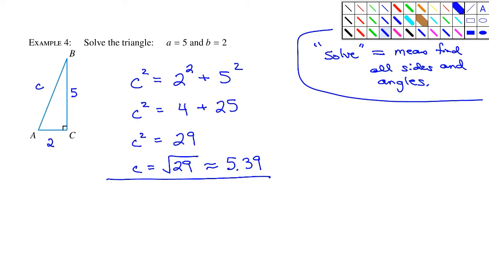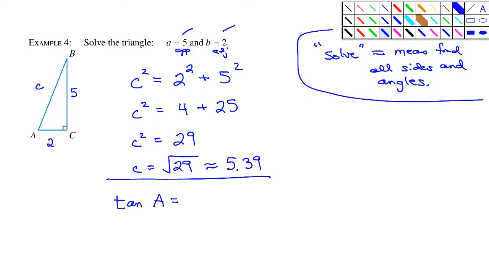Next, let's go ahead and find angle A. It's better to use information that you were given from the start to find this information. So I'm going to go ahead and do tangent of A, because A is opposite the 5 and adjacent to the 2, and those were the 2 pieces of information that I started with.